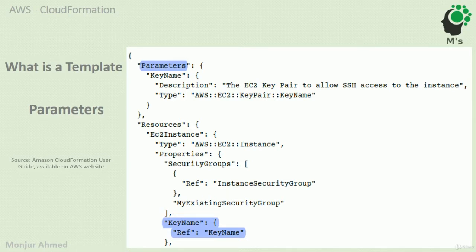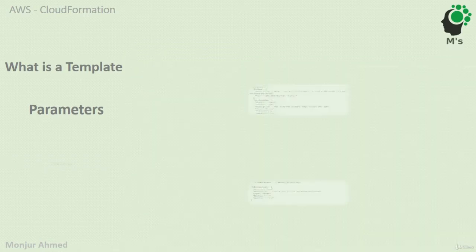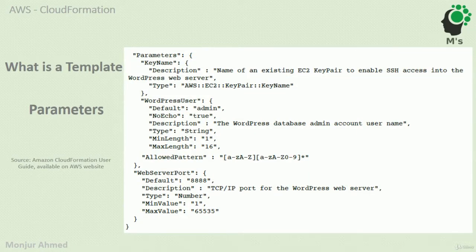So that is why we use parameters. And if we keep moving on, we look into another example, which is again just a bit of elaboration of the previous one. Here the only difference is that you have parameters, key name, and you also have a parameter for, let's say for a WordPress website, a WordPress user.